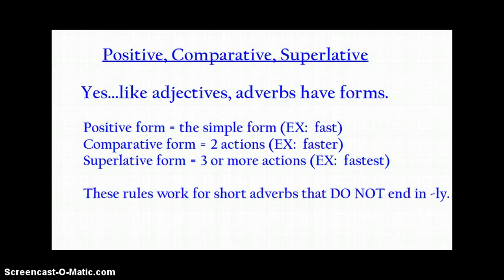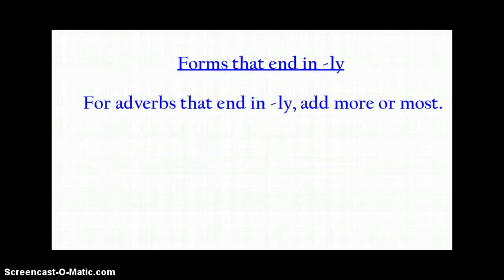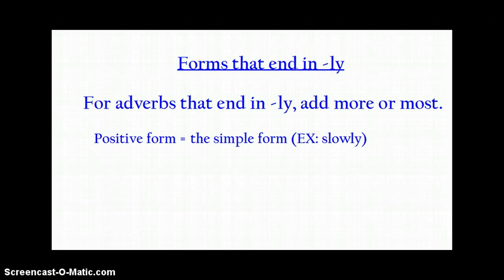Now, this works for short adverbs that don't end in ly. The ly adverbs have a different rule. The rule for positive, comparative, superlative for the adverbs that do end in ly is you add more and most, just like we do for the longer adjectives. So if we take the positive form, the adverb slowly, he talked slowly.